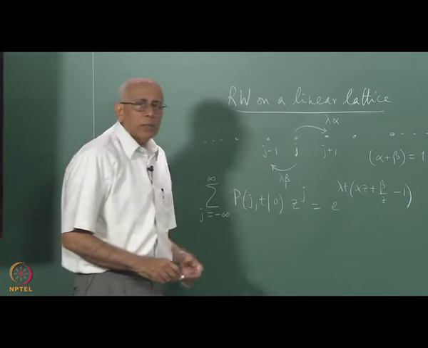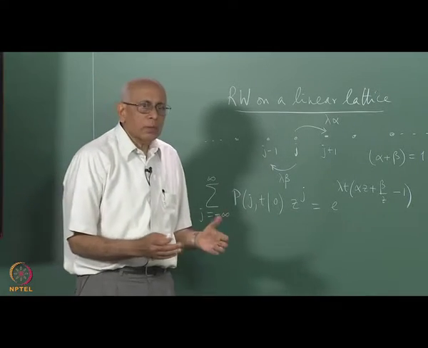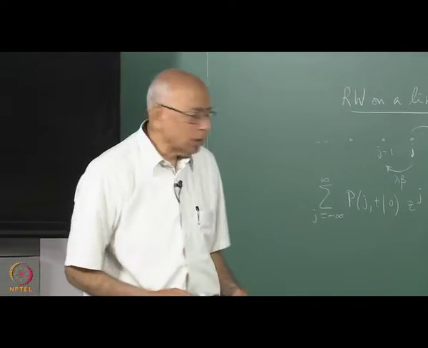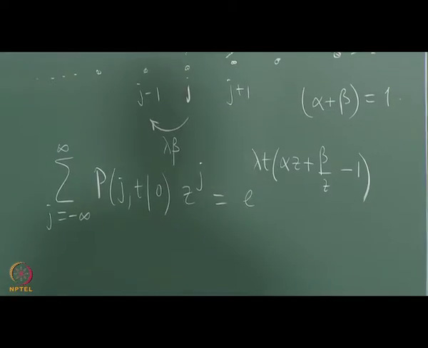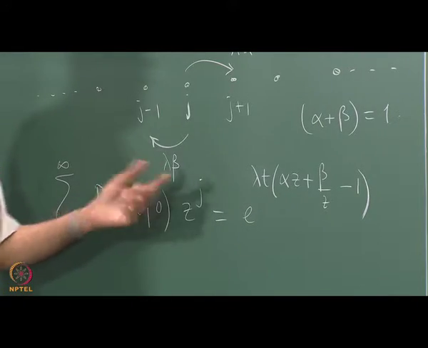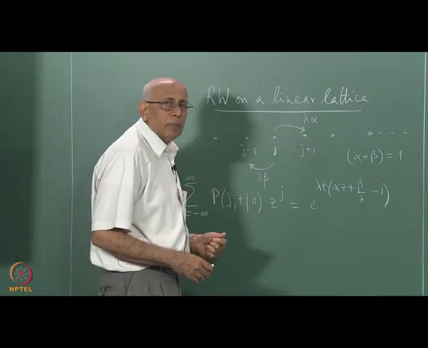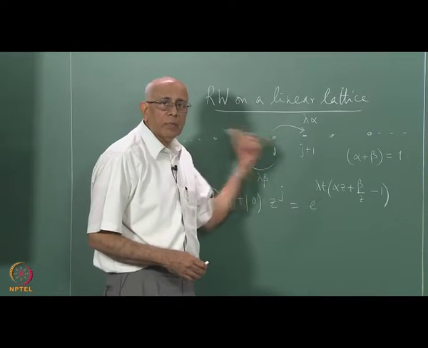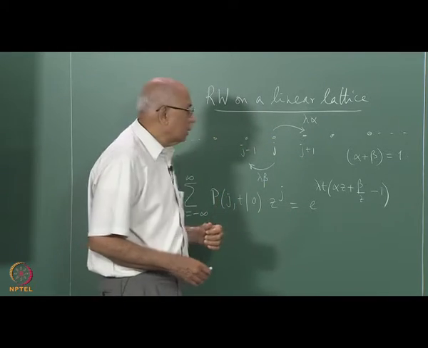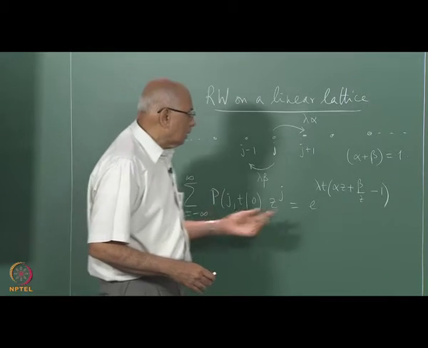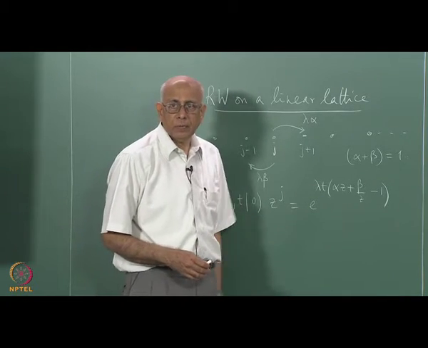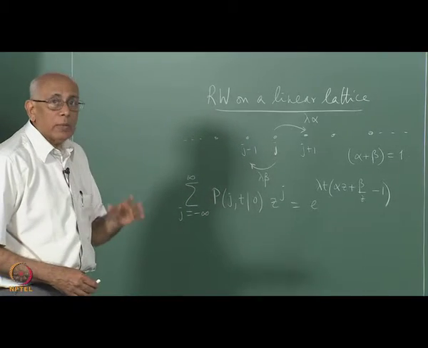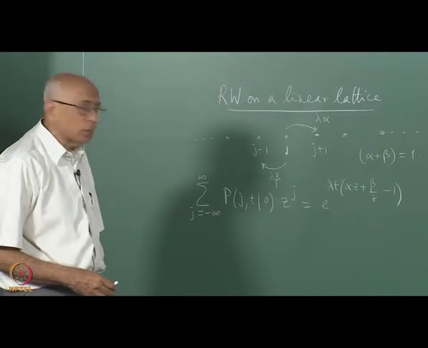We interpreted this in two different ways. One of them was to write a birth and death equation for it and solve it using a generating function, or to say that this random process j is the difference of two Poisson processes with rates lambda alpha and lambda beta, and that immediately gave us this as the generating function. Now from this the mean values could be written down, the solution itself could be written down, etc.